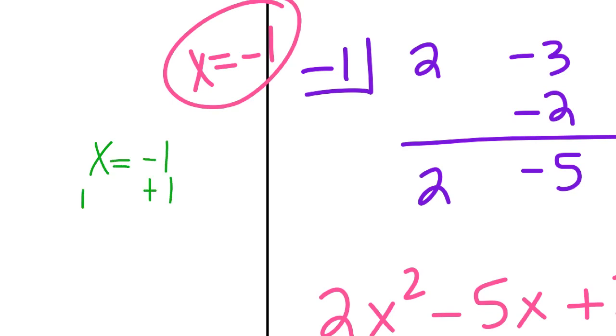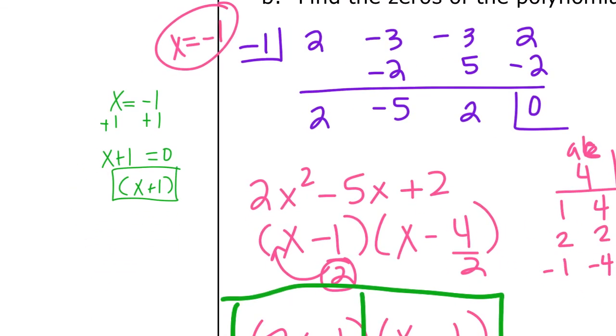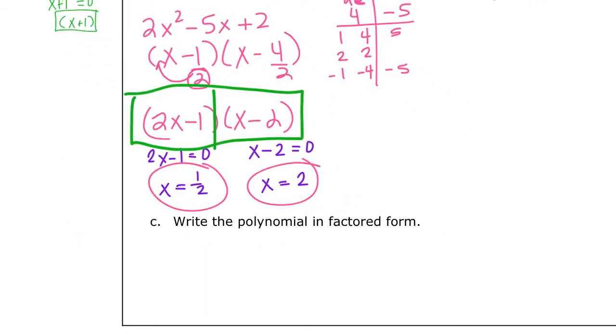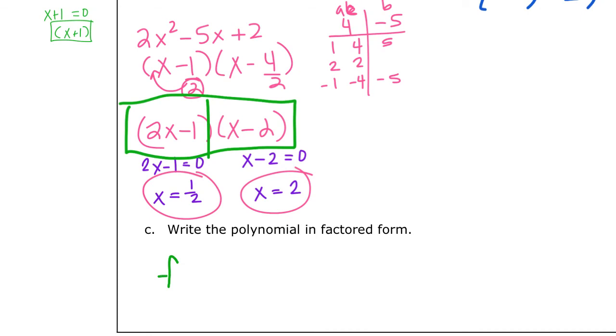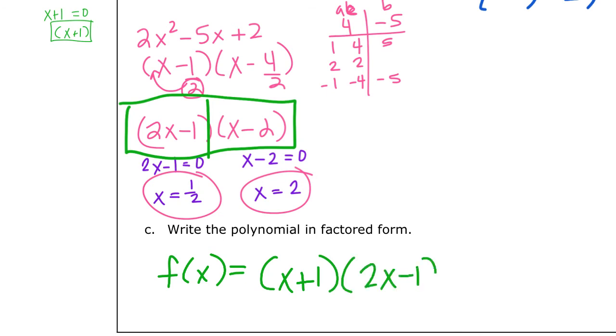We're going to add 1 on both sides. So x plus 1 equals 0. That means my factor is x plus 1. So now that I have all three factors, let's write our polynomial in factored form. x plus 1, 2x minus 1, and x minus 2.